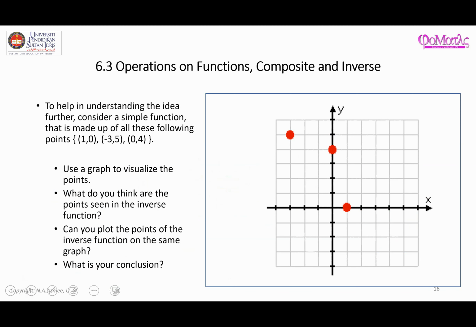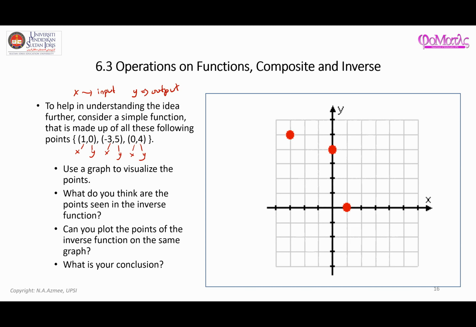Now, to help in understanding the idea further, let's consider a simple function that is made up of the following points. So 1, 0. Again, this is your x, this is your y, and recall that x is referring to the input and y is the output.